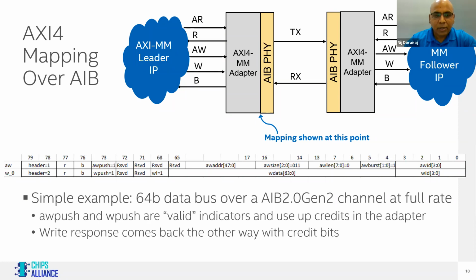The example here shows how a write is sent across from the leader. You see a write address in a frame or packet format with the AXI fields, and write data, which is also packetized and sent across. It's an example of how a 64-bit data bus on AIB is sent across to the other side.